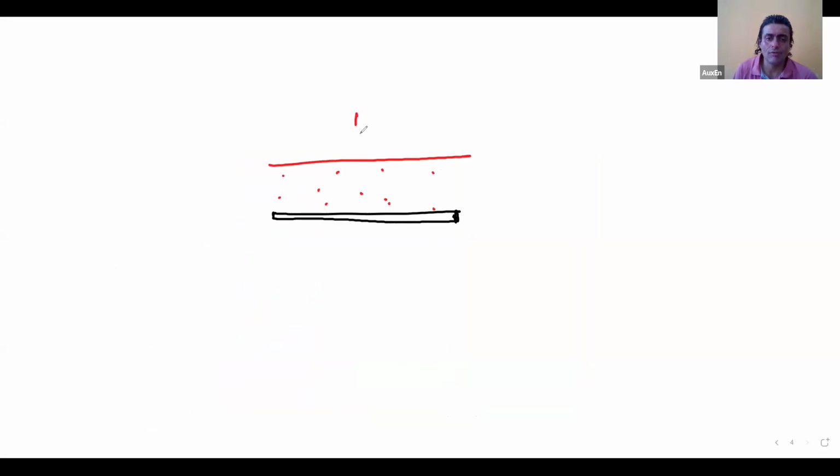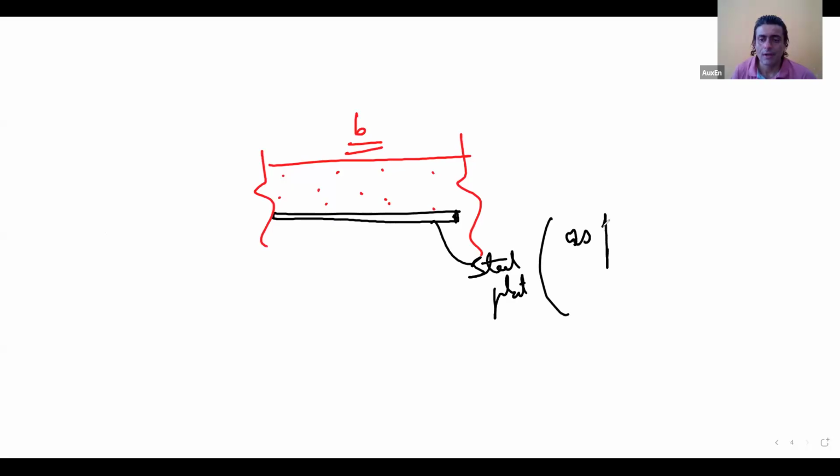This is the width of the slab, let's say. This is my steel plate. So I am using this as a formwork, and I want this to act as a reinforcement also. The problem in this is that this steel plate is so thin that its moment capacity about its axis of bending will be very, very small. You understand this point?